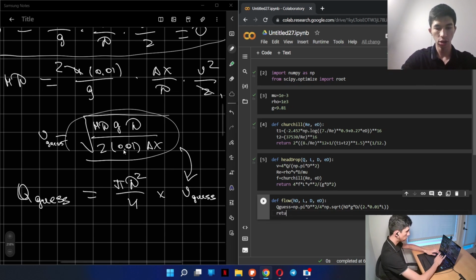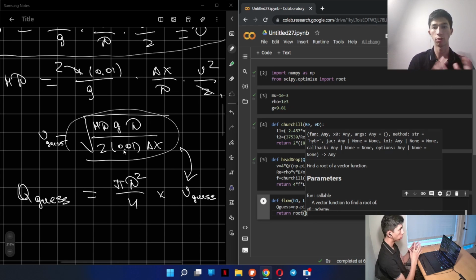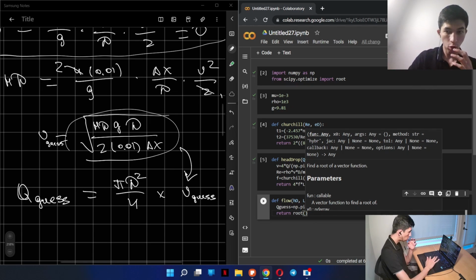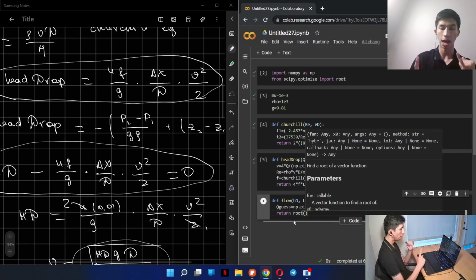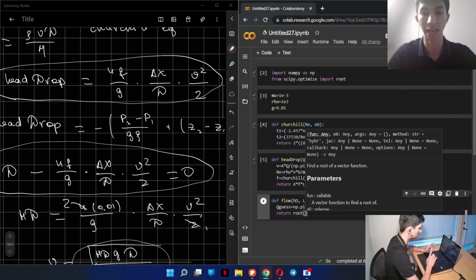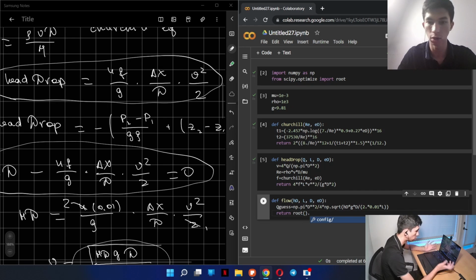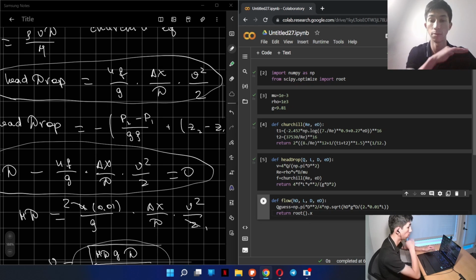Okay, so this function is going to return us the root of. For the root solver, we need to provide a right hand side function, so inside of the root function, we need to have a function that calculates this. So we're going to have a nested function, and it's going to get this Q guess, the initial guess for the flow rate, and calculate the answer from the X list, which is going to be the first element in our list.